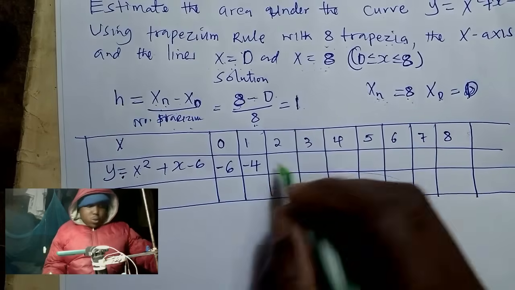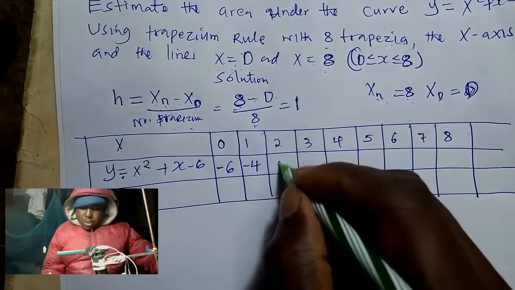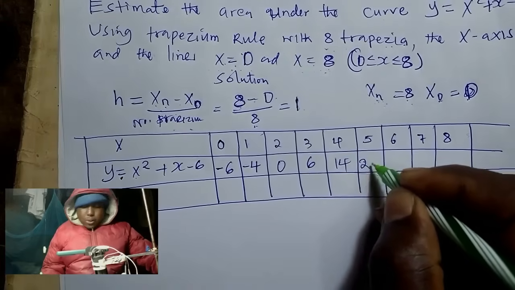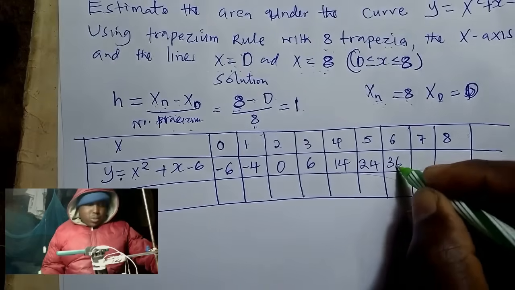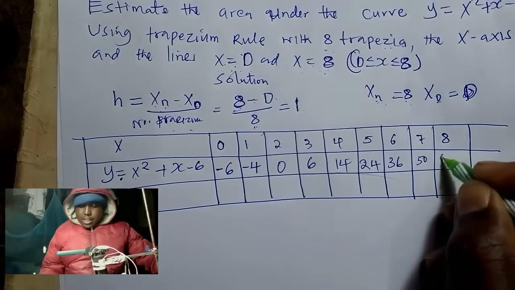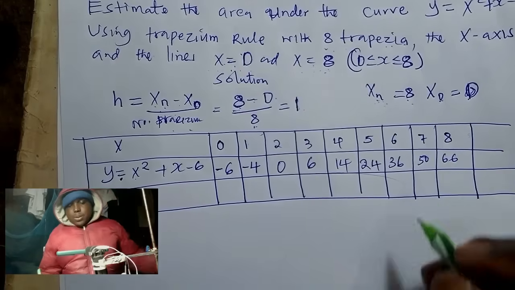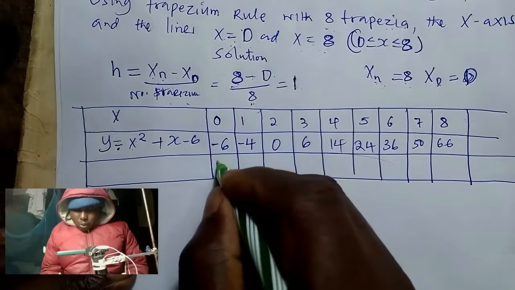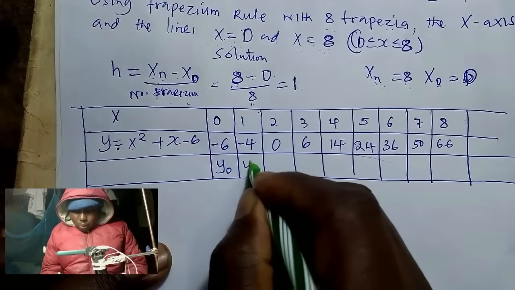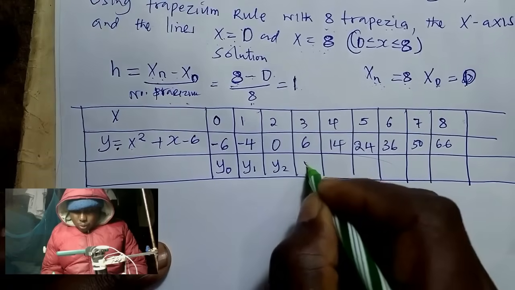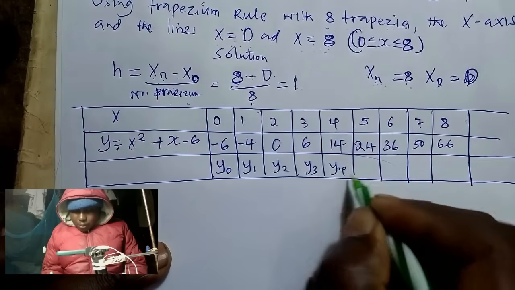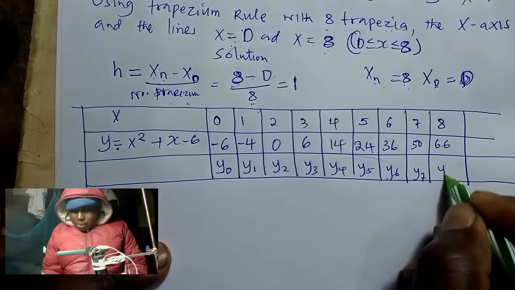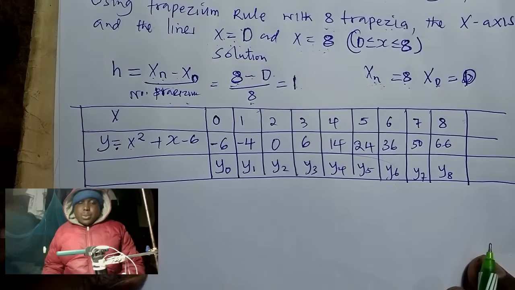So you substitute all the way to the end: 14, 24, 36, 50, 66. Now you fill the table. What we have here is y naught, y1, y2, y3, y4, y5, y6, y7, and y8.